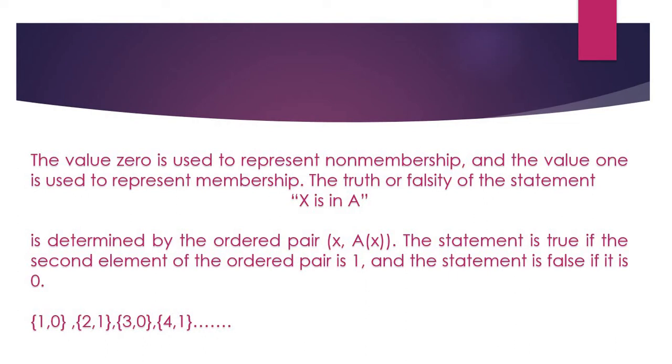This mapping may be represented as a set of ordered pairs with exactly one ordered pair present for each element of X. The first element of the ordered pair is an element of the set X and the second element is an element of the set {0, 1}. The value 0 is used to represent non-membership and the value 1 is used to represent membership.